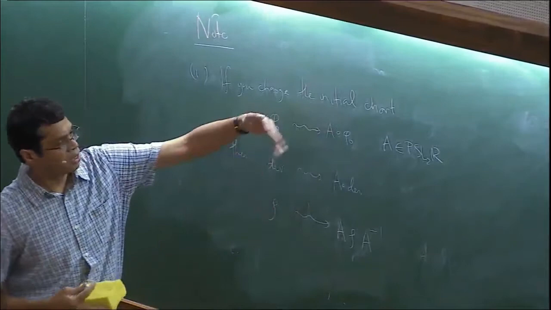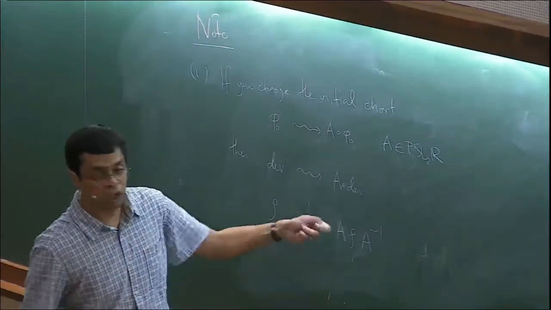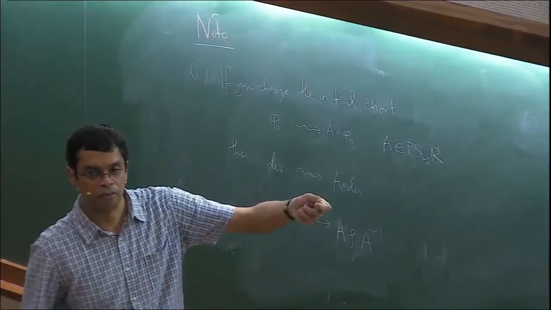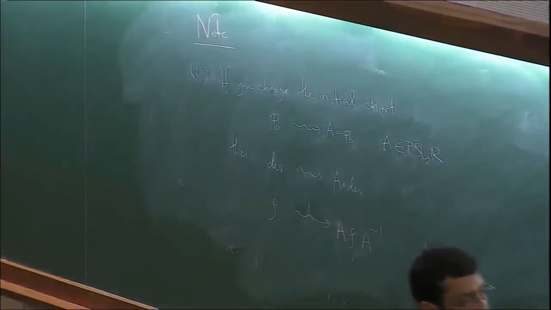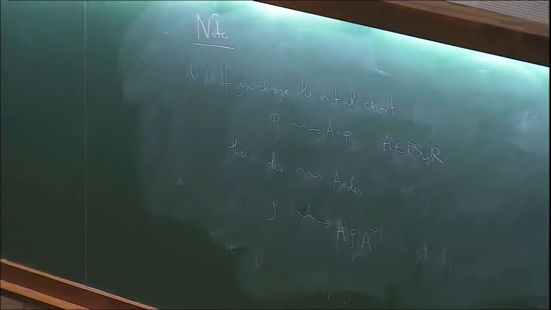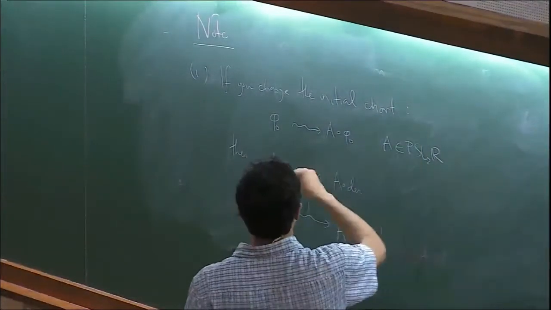So changing that initial chart just conjugates the representation. And this is why, once again, in the representation variety, we have to quotient by conjugation. So it's well defined in that quotient space. In that representation variety, you get a well-defined holonomy representation. So that's one consequence of the construction.